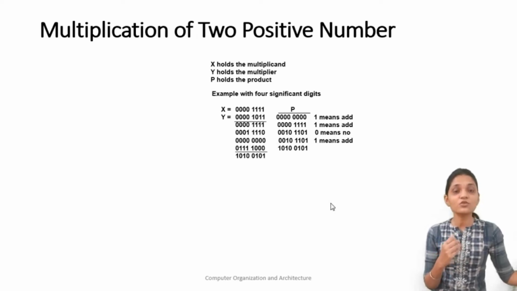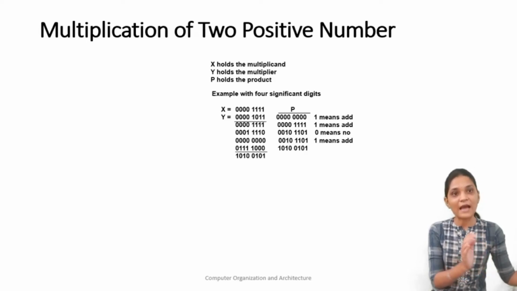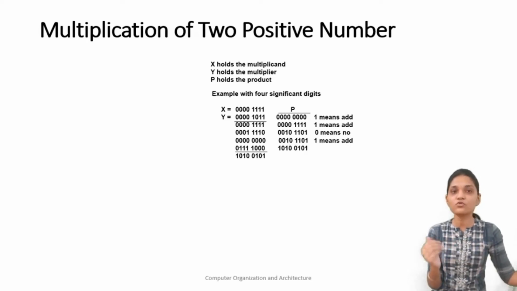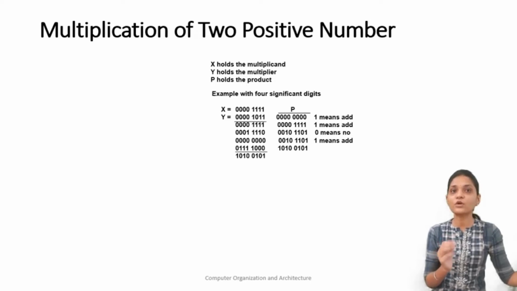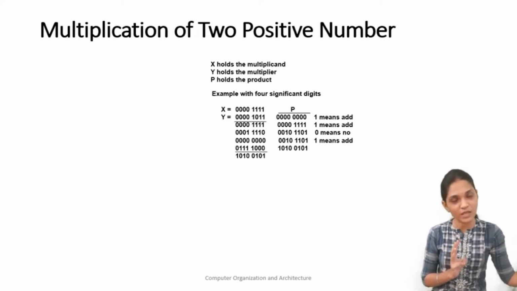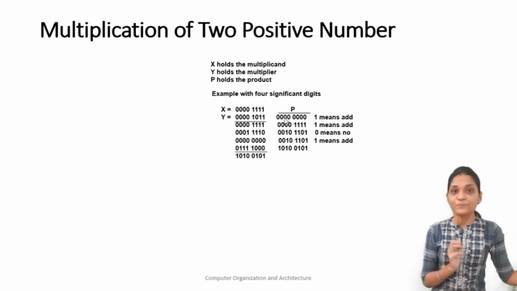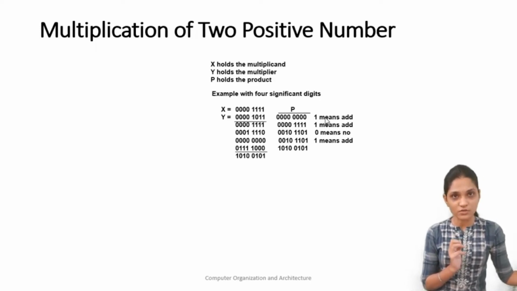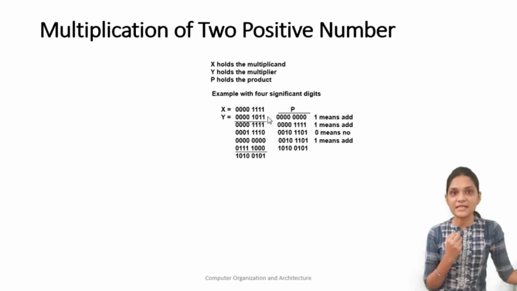That means you have to add your partial product into some location which is already clear, and after every partial product you have to add that, so that your full adder can work, because a full adder can work only on 3 bits. So for this we can use this P location, where you have stored 0 0 0 0, and if your multiplier's bit is 1, then add the multiplicand.